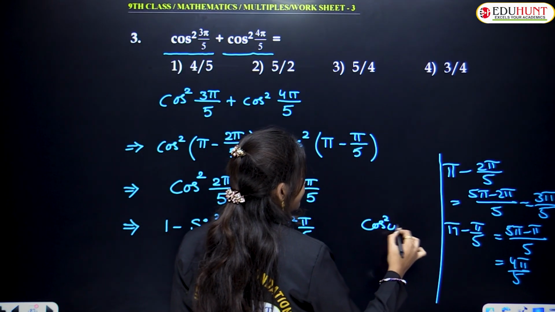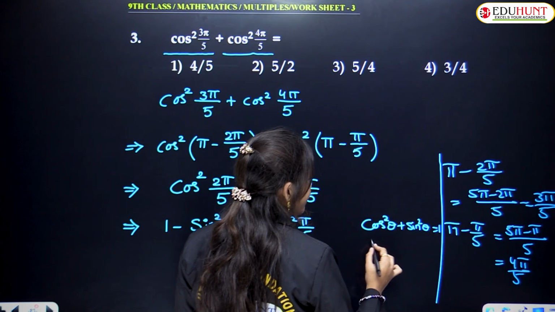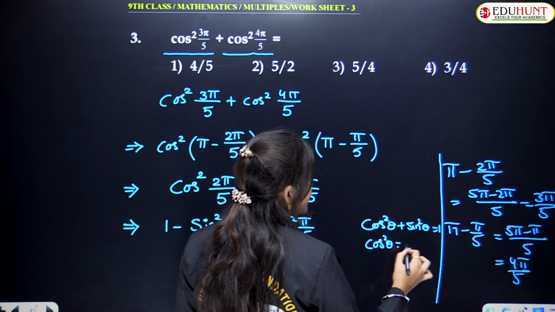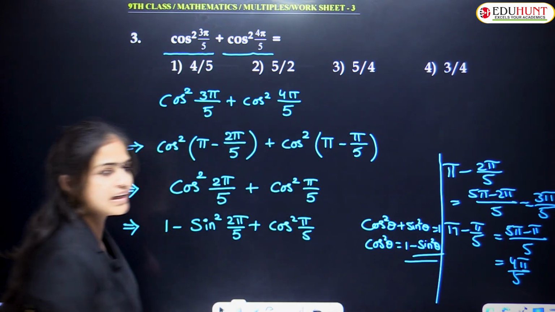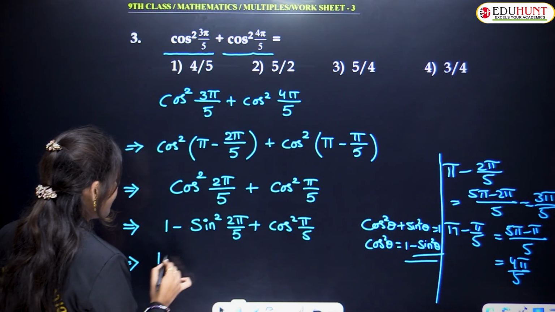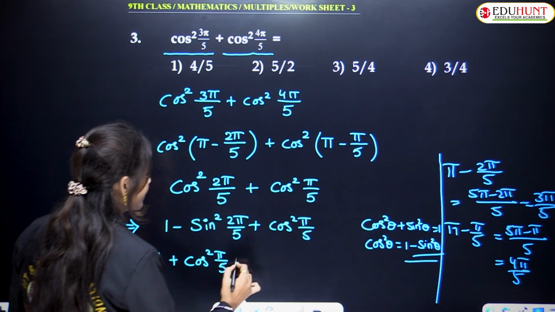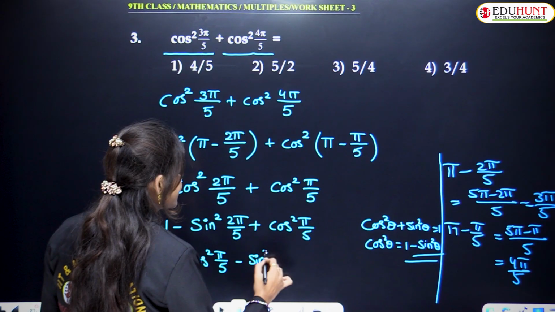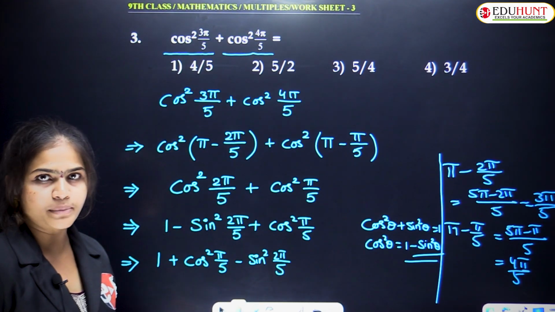Cos square theta plus sine square theta is equal to 1. From this, cos square theta is equal to 1 minus sine square theta. So I used this formula here. Understand? Now we have to write this as 1 plus cos square pi by 5 minus sine square 2 pi by 5.